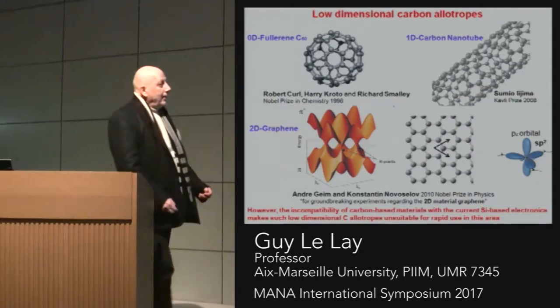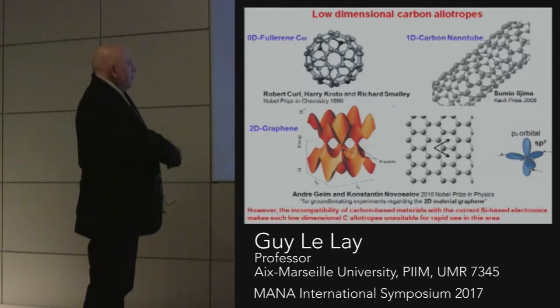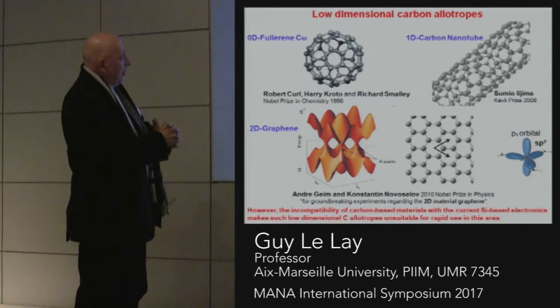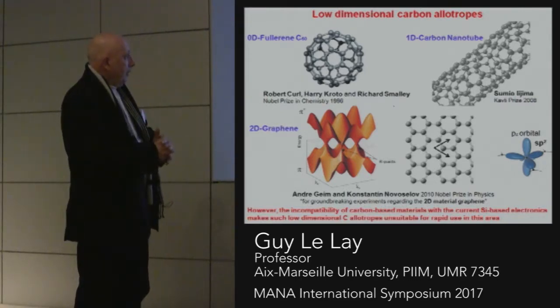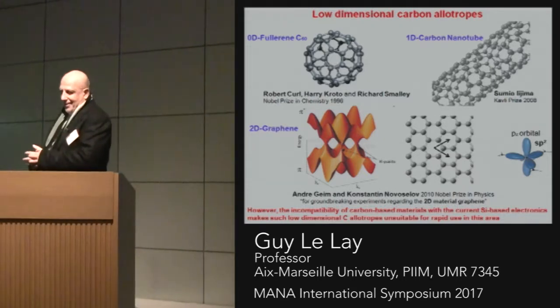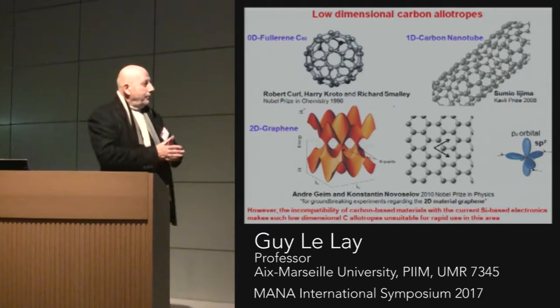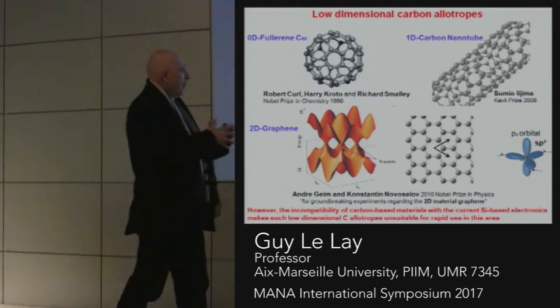Okay, so this is the carbon saga, as you know. With zero-dimensional fullerenes, the one-dimensional carbon nanotubes, and indeed the graphene two-dimensional sheets. And in a sense, what we have done first with silicon instead of carbon follows the same path, more or less, probably by chance.